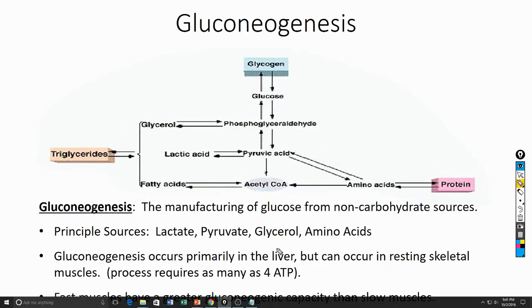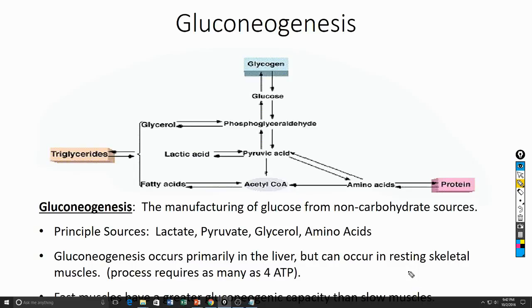You're precious. Okay, so you can't read this right here, so I'll read it out. Fast muscles have a greater gluconeogenic capacity than slower muscles. Okay, so for the most part, gluconeogenesis occurs in the liver. Some of it does occur in skeletal muscle, and it is not energy saving.